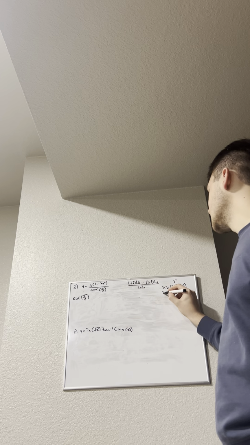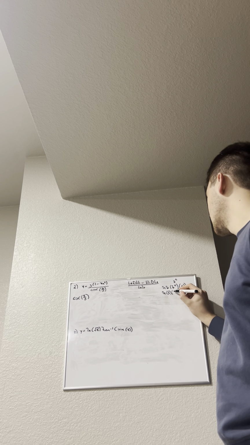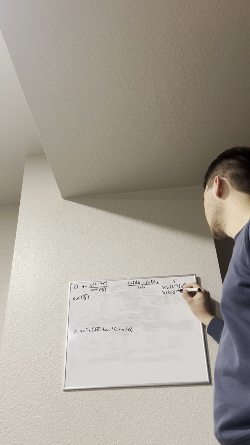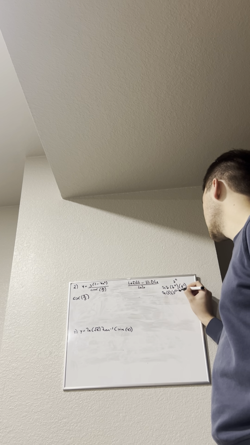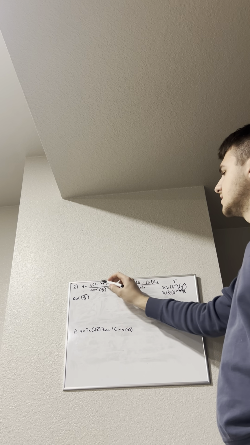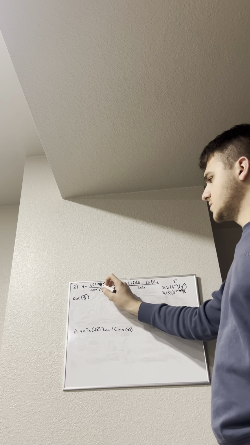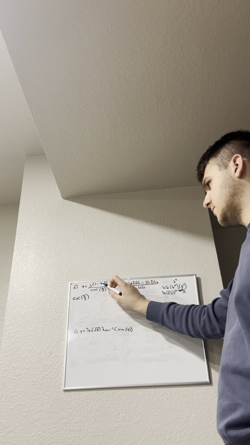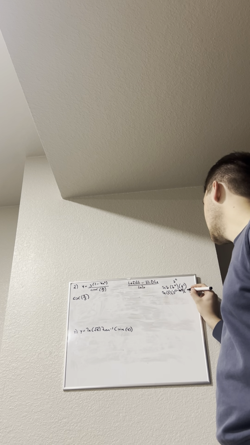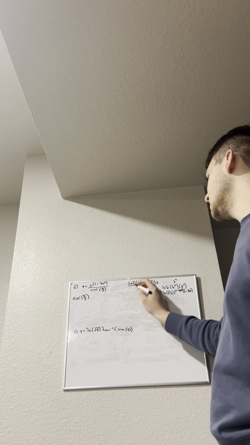So it will be ln of 3 times 3 to the power 1 minus 4x squared times the derivative of the exponent, which is 0 for the 1 and negative 8x for the 4x squared. So this would be the d high.